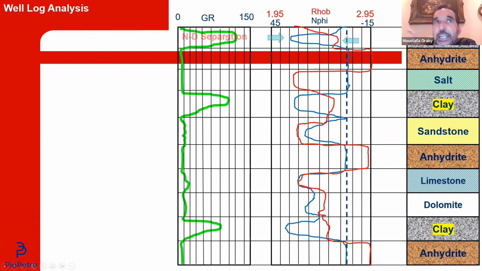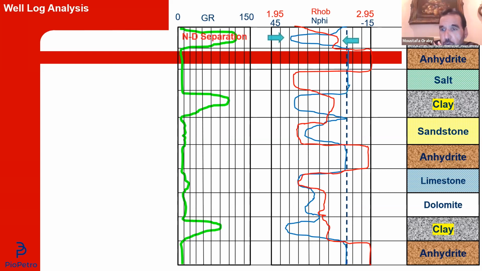So the clay zone has two properties. The first one, the gamma ray is high. Second one is neutron and density are separating, where neutron is in the left and density is going to the right. Once I see the neutron to the left, density to the right, and the gamma ray is high, you can stamp on this zone. It's a clay zone. Okay?